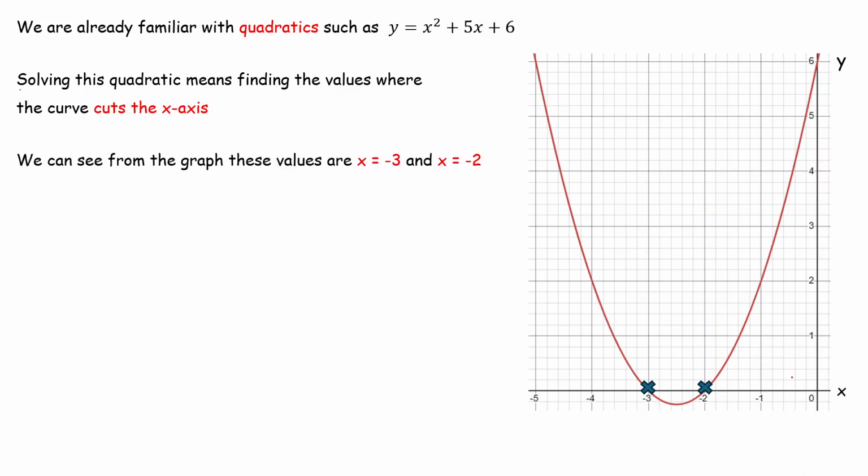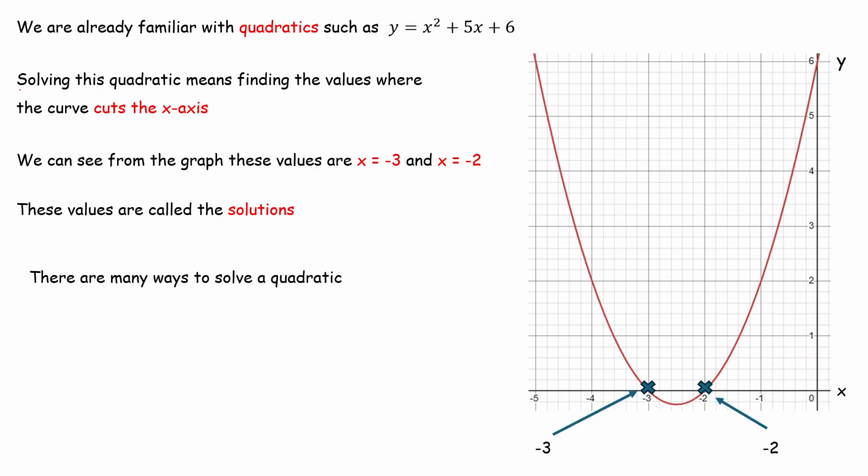We can see graphically that these two values are x equals -3 and x equals -2. So the solutions of this quadratic are x is -3 and x is -2. That is what solving a quadratic actually means.